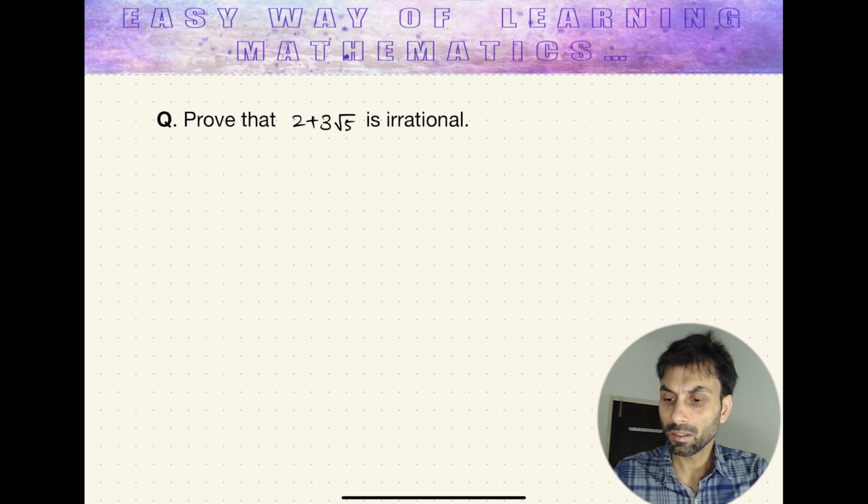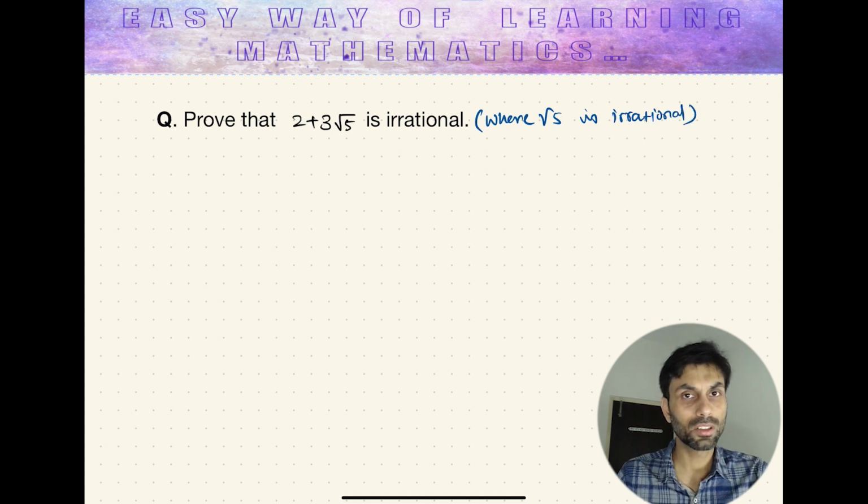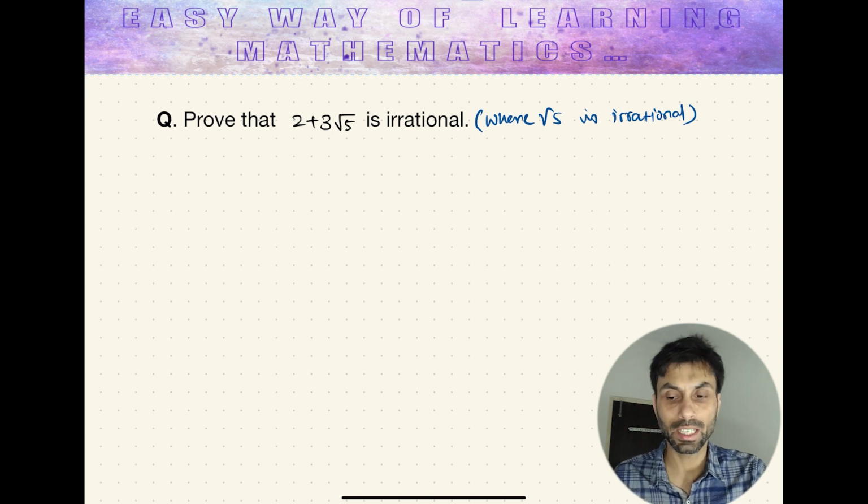So here consider that root 5 is irrational. If not, then we'll have to prove it irrational first, and then proceed with how we are going to solve it.